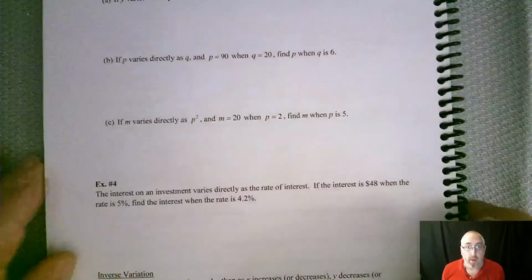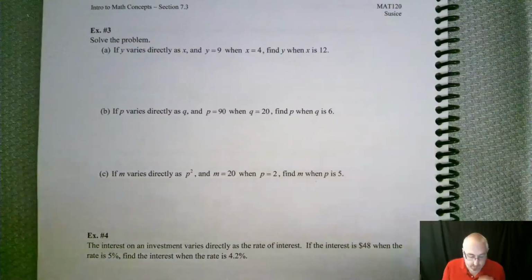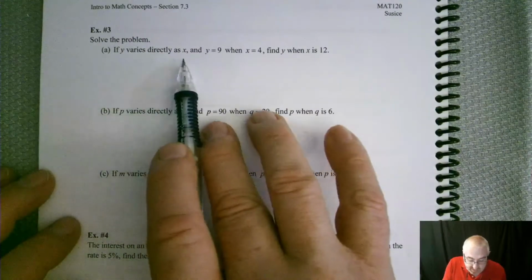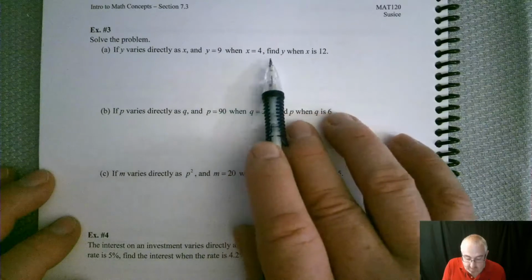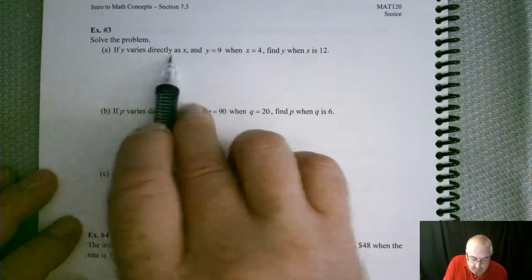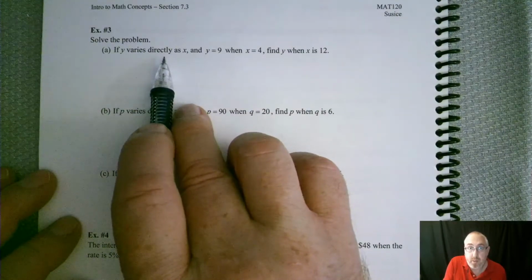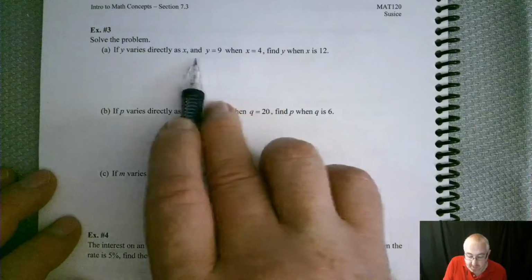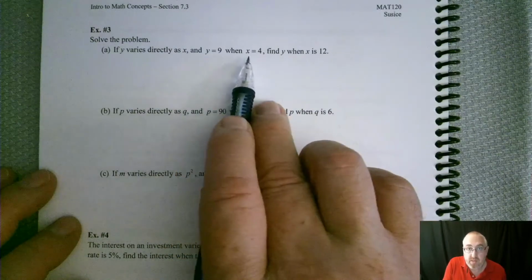So we have the problem: y varies directly as x, and y equals 9 when x equals 4. Find y when x is 12. So right off the bat, you got that varies directly, so you automatically know you have to set up a proportion. And then the next bit of information they give you goes together. So y is 9 when x is 4.